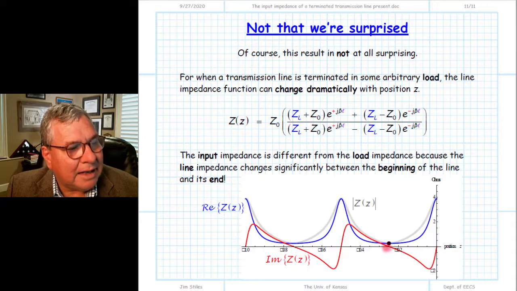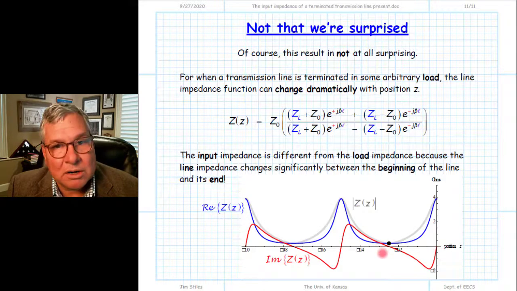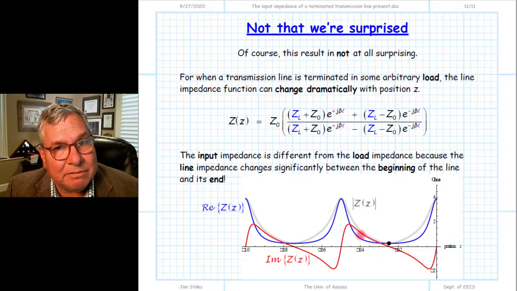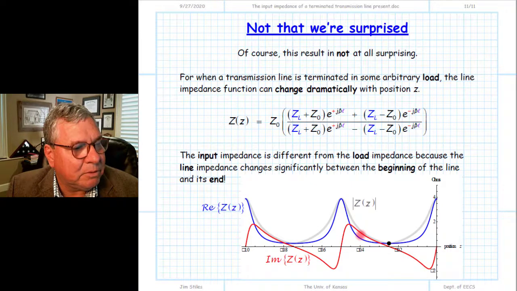If we had a transmission line length that was, let's say, 0.4 meters, the input impedance would simply be whatever the line impedance is right here at z of minus 0.4, and so there we would see that it would have a reactive component, a positive reactive or inductive component, in addition to a resistive value.